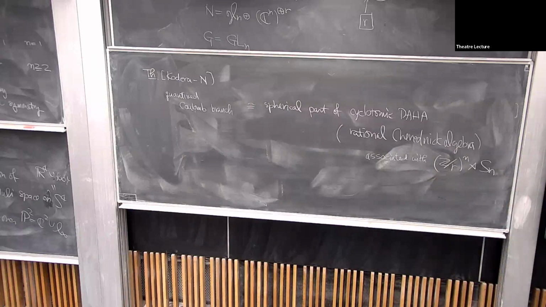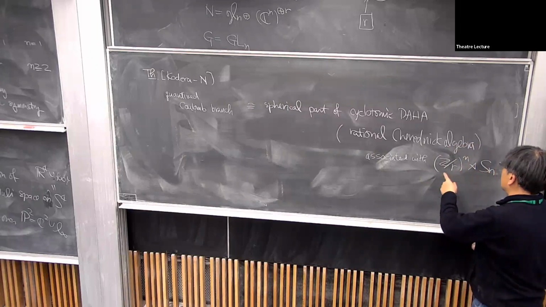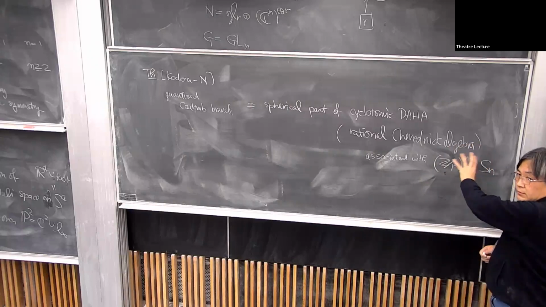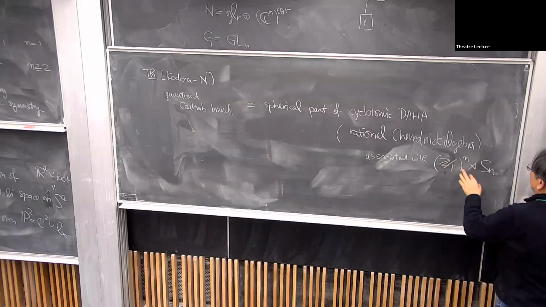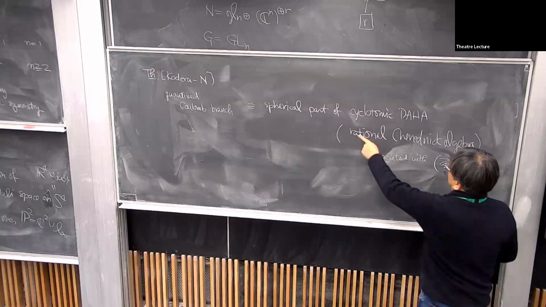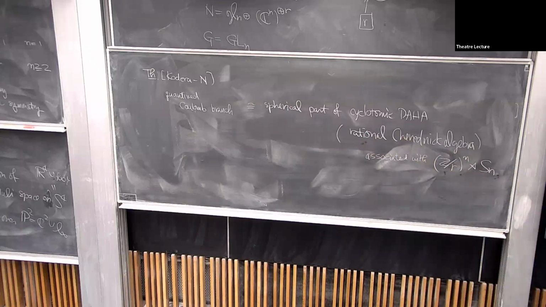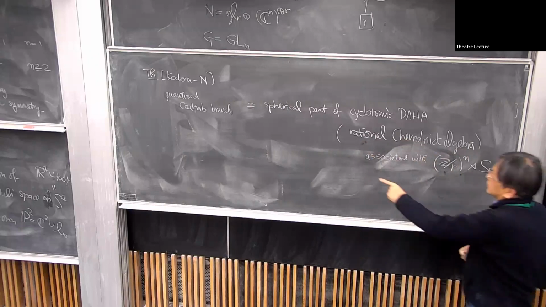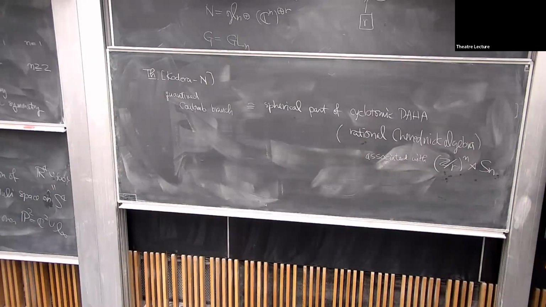So the rational Cherednik algebra, cyclotomic DAHA, was introduced by Ginzburg as a quantization of the spherical part. I mean, first take the smash product of R^n by S_n, and its quantization was defined by Ginzburg as the rational Cherednik algebra. And since we are considering the spherical part, the corresponding ring is the coordinate ring of the space.